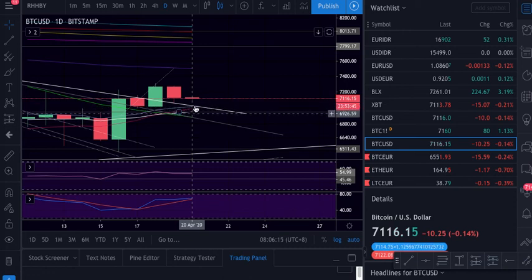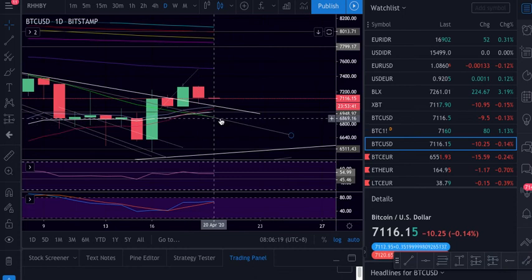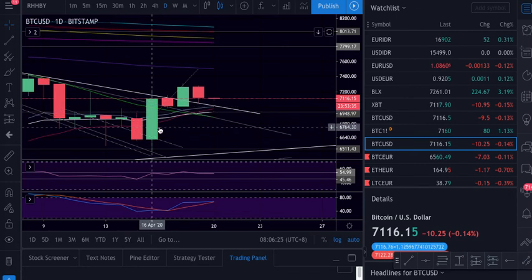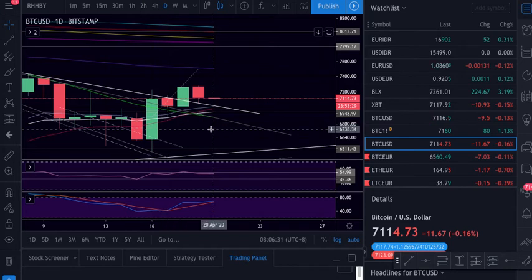I have buy orders on this area until here, basically. I have one here, I have one here, and then I have one a bit below to see where the stop loss can come, and I have around here a big order in leverage. This is leverage.